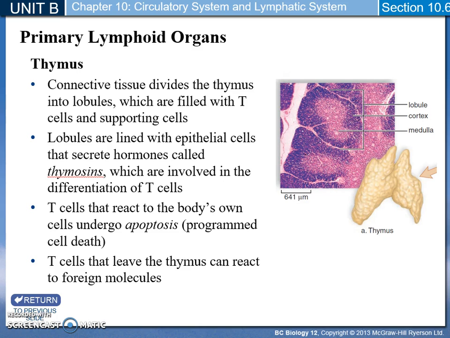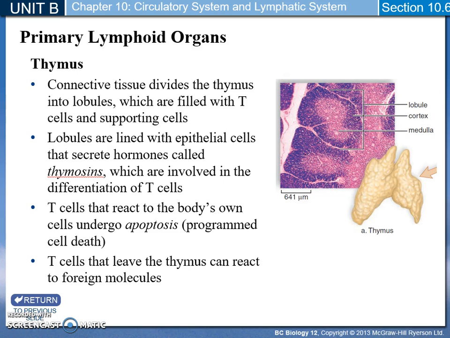So the thymus then, connective tissue divides the thymus into lobules, which are filled with T cells and supporting cells. And the lobules are lined with epithelial cells, and they secrete hormones called thymosins, which are involved in the differentiation of T cells.